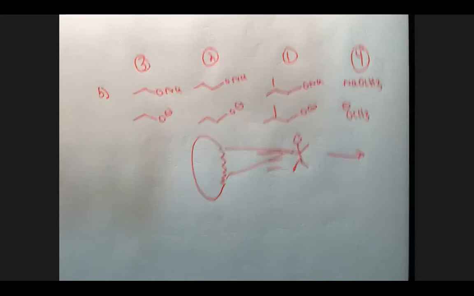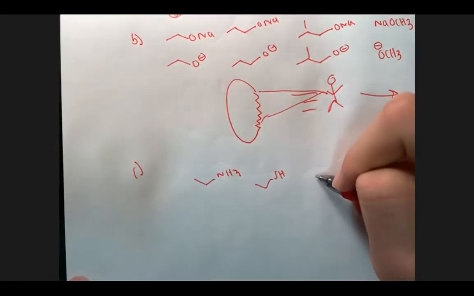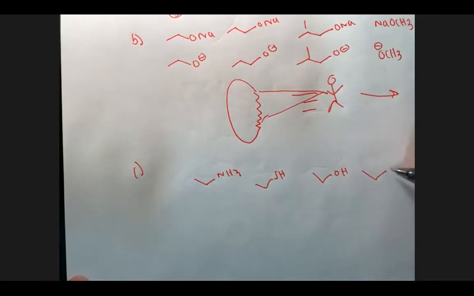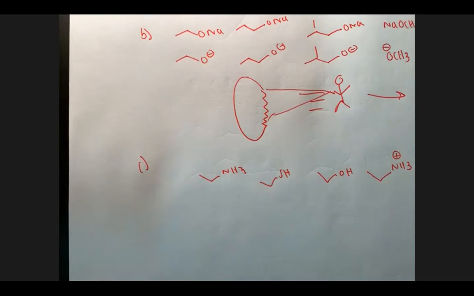Okay, so C. We have this, that, that, and this. This is a little more complicated. We're still assuming aprotic conditions, and none of these are really negatively charged except for the protonated amine.